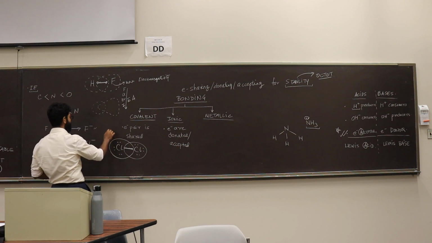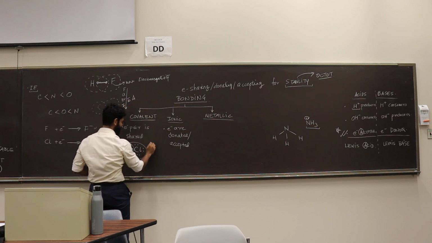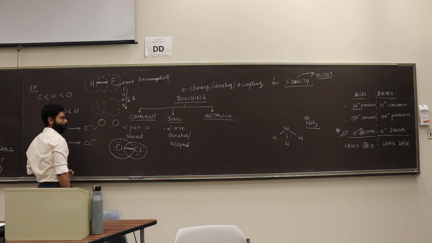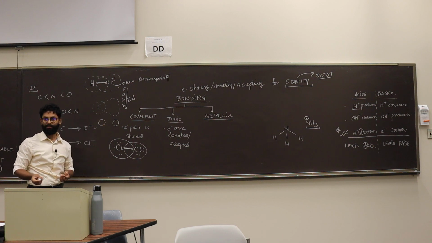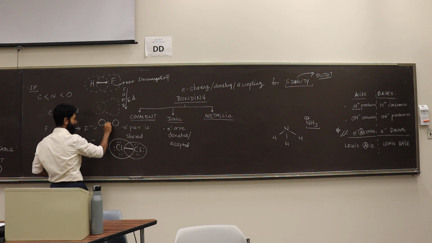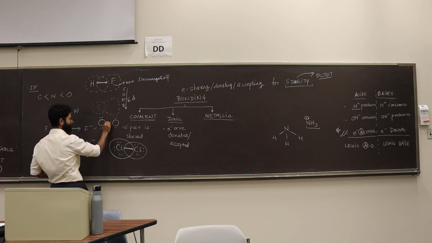For oxygen, how many electrons are there in the outermost shell? 6. So how many will they need to share? 2. So we put 2 in the middle. They are going to pair up.